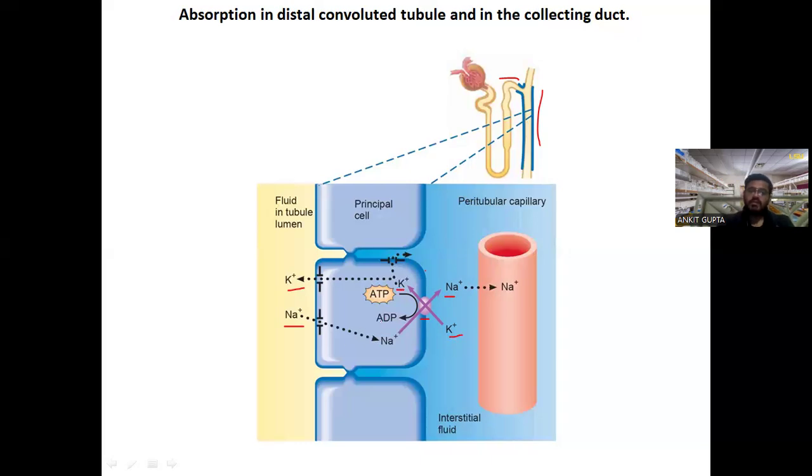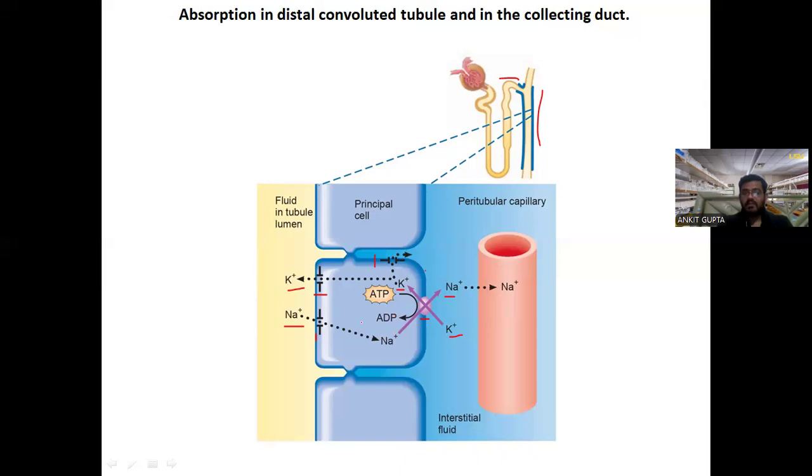So in the distal convoluted tubule and collecting duct, leaky channels are present for sodium ion exclusively on the apical surface. And for potassium ion, the leaky channels are present on both the apical surface and the basolateral surface. Because of the sodium potassium pump, whatever sodium is inside the cell is going out.